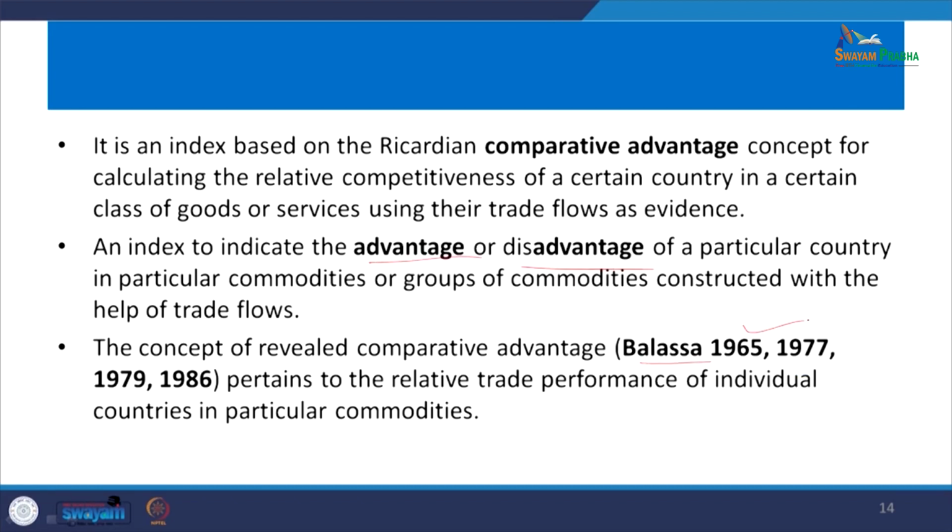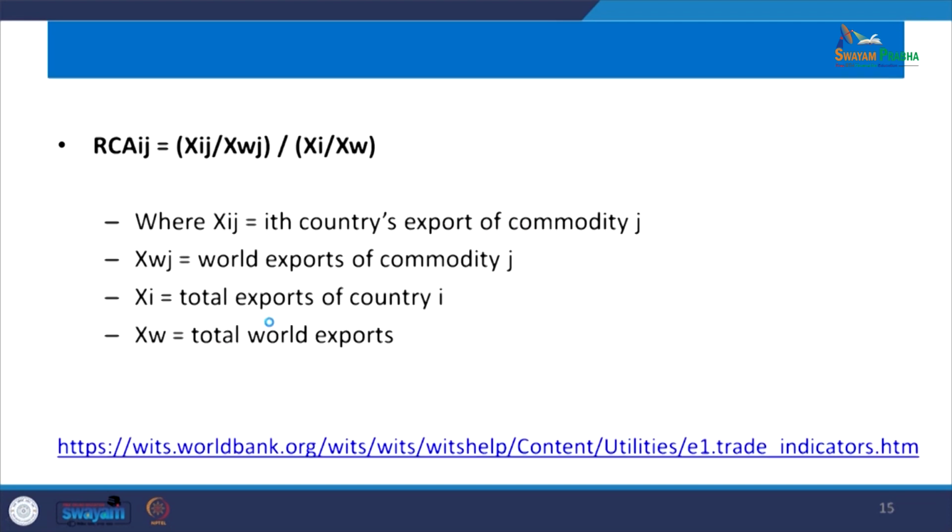Balassa's different papers capture different examples, but we are now interested in explaining the particular group of countries, that is ASEAN countries: Thailand, Hong Kong, China, Singapore, Vietnam. Those countries are being explained right now.